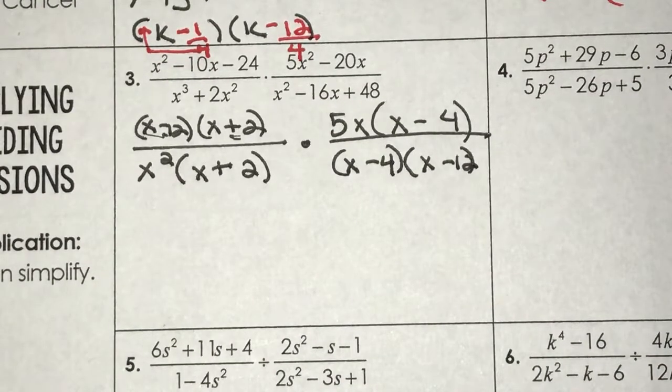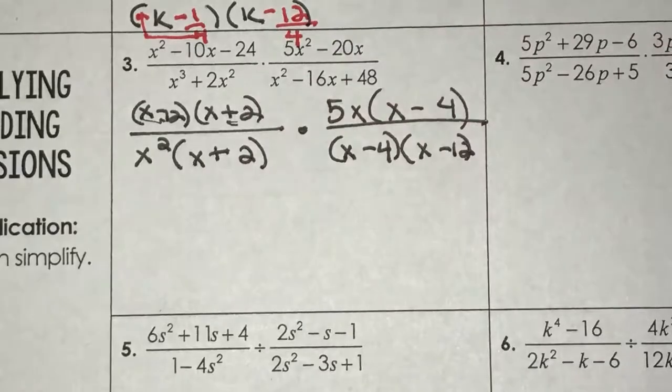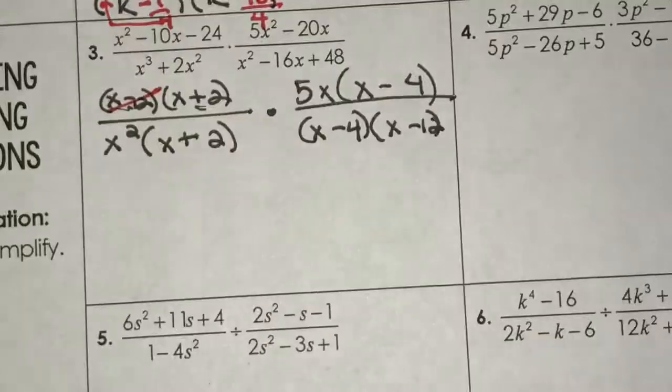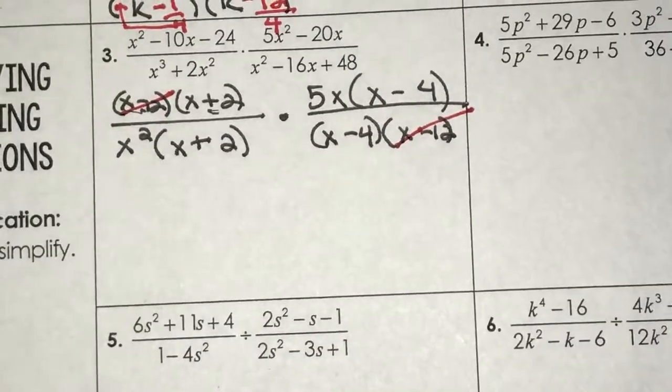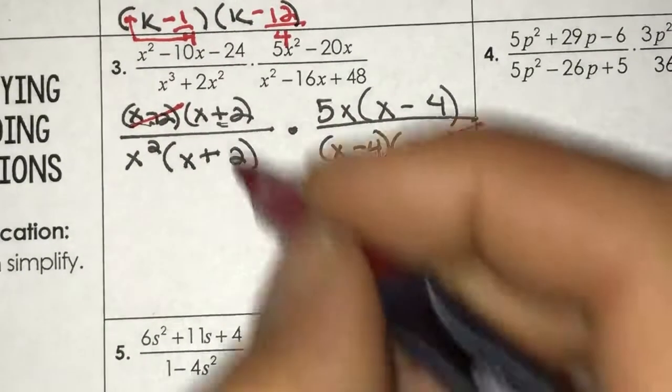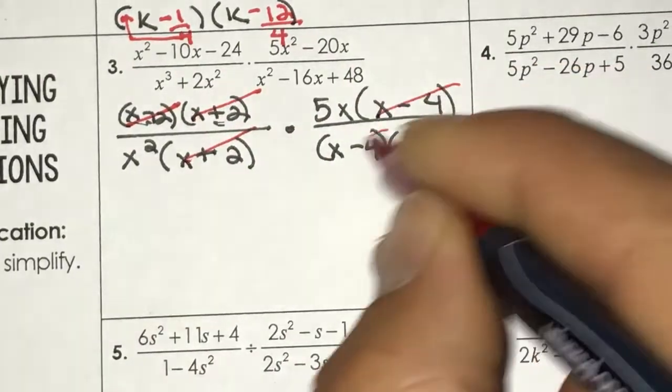And now still, before we multiply, you can cancel vertically and diagonally. So this x minus 12 right here, we can cancel out with this x minus 12. Vertically with our x plus 2, x minus 4.